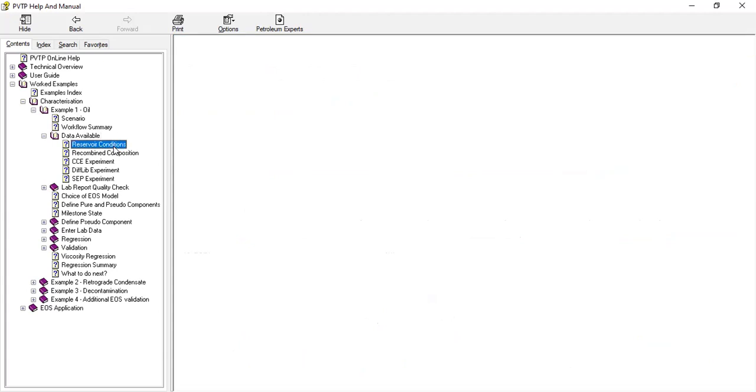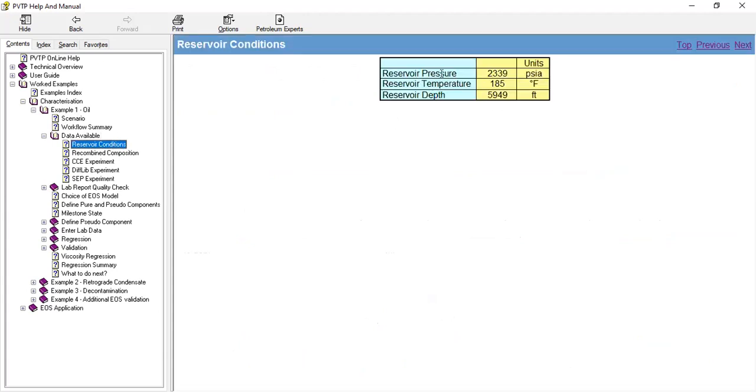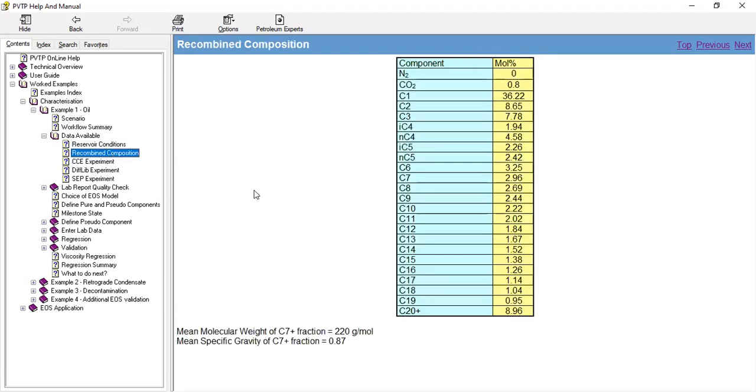Now reservoir conditions. So we have reservoir pressure, reservoir temperature, and the depth of the reservoir. And these are the units, so we will use field units. This fluid is actually a recombination fluid, and this is the recombined composition.